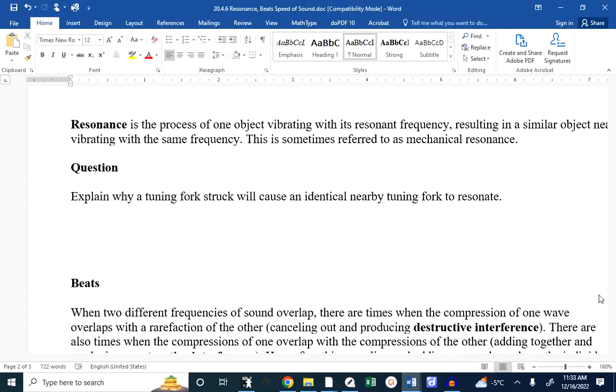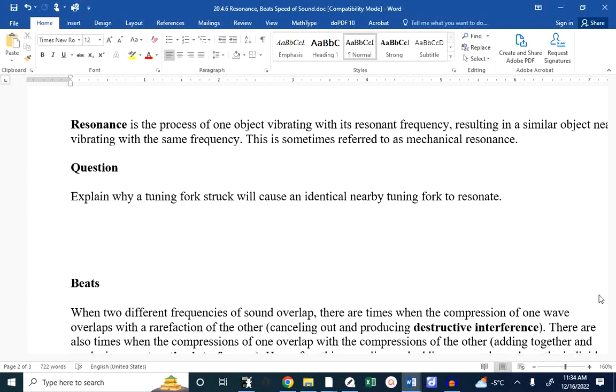And through that chain of events called a longitudinal wave, that collision with that frequency continues to spread out through the air until it finally reaches the tuning fork over here. And when that air that's still vibrating at the same initial frequency starts to hit this tuning fork, it vibrates with that frequency.